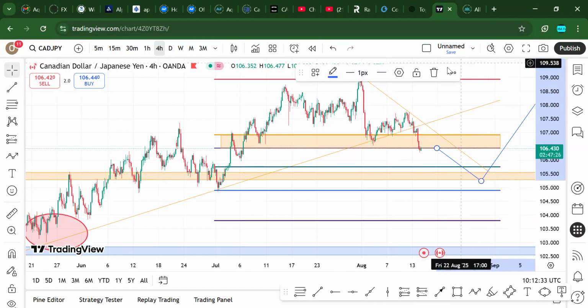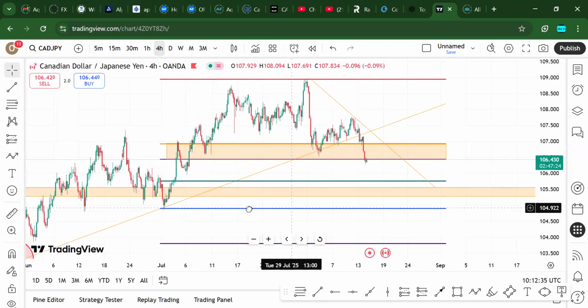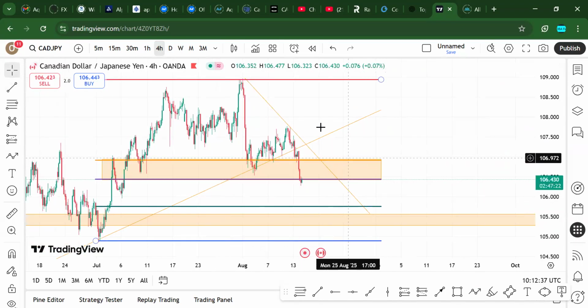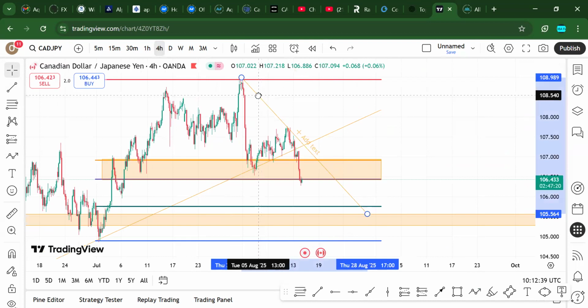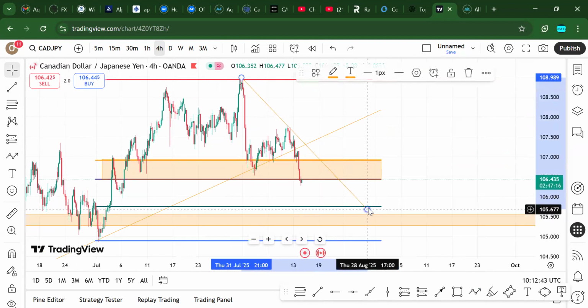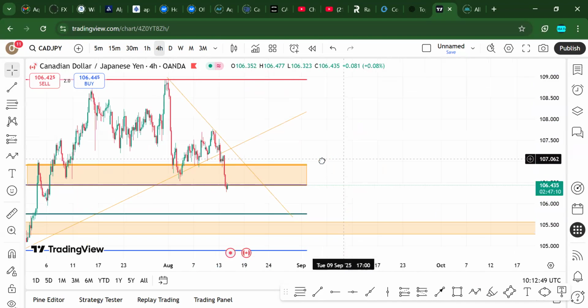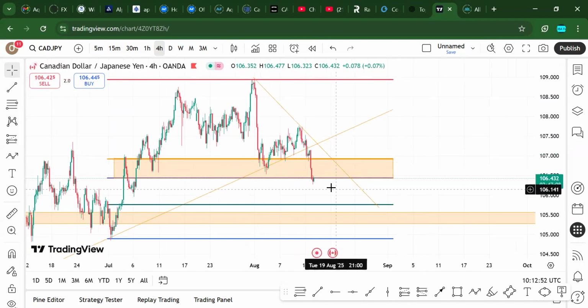Let me take this out. So my first entry sign, amongst other entry models, would be if price gets to break and retest this trend line, then I can take my buy trades and hold upwards. Also, we can properly observe whatever is happening within this zone.